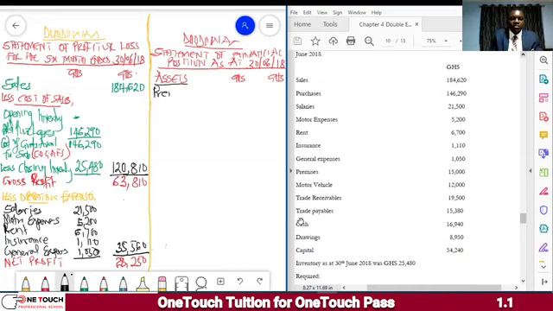Premises is an asset, and it is 15,000. Then I have motor vehicle, also 12,000. Okay, so let me list all the assets.